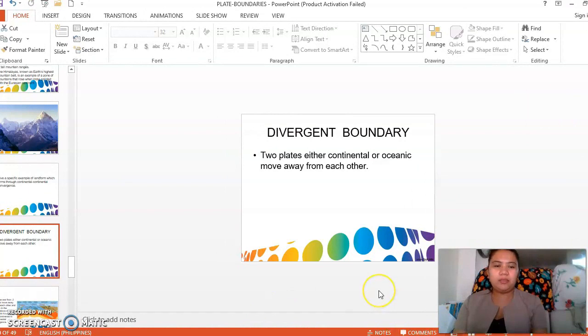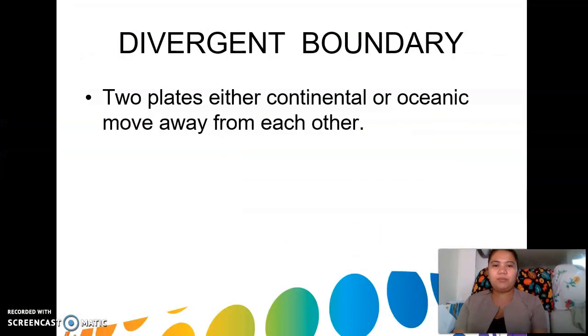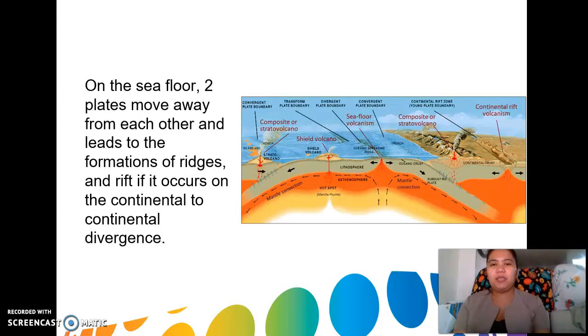So, the next boundary that we're going to discuss is the divergent boundary. One distinct property of this is that two plates, either continental or oceanic, move away from each other.